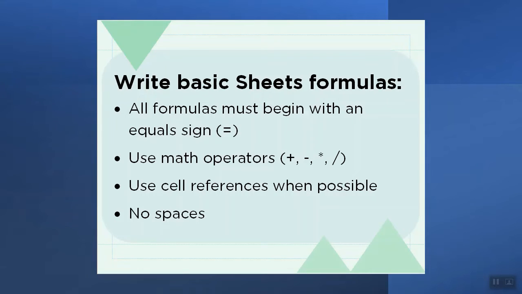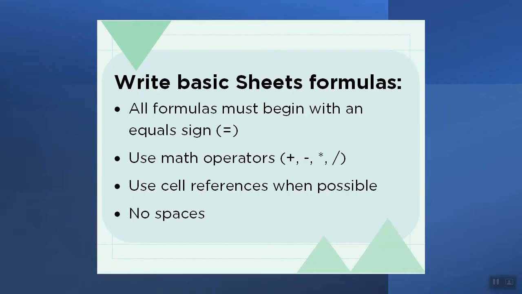It will show to the left side of the cell because that's where text resides. If you start your formula with an equal sign, you'll see the answer to that formula in the cell, and the formula will actually appear in the formula bar. So don't forget to start with an equal sign.